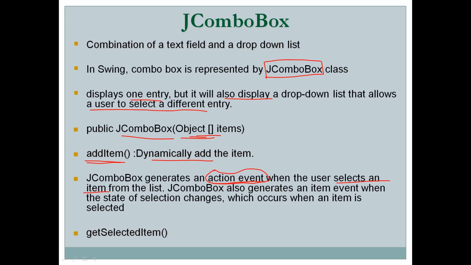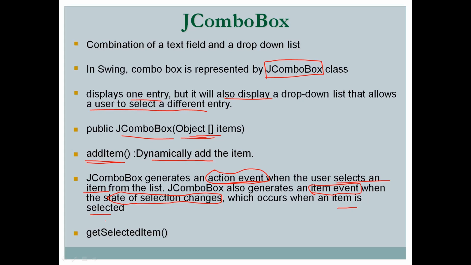Apart from that, it also generates an item event when the state of selection changes, meaning when we change a selection from one item to another item, in that case also it generates an item event.